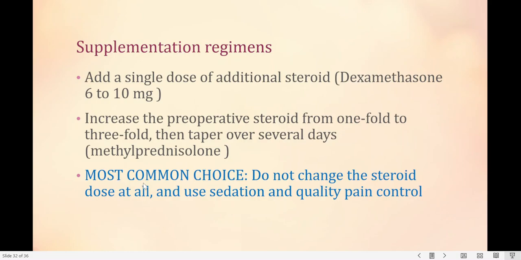However, the most common choice is to not change the steroid dose at all and use sedation and quality pain control.